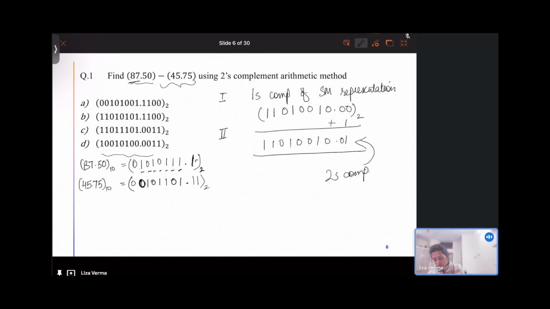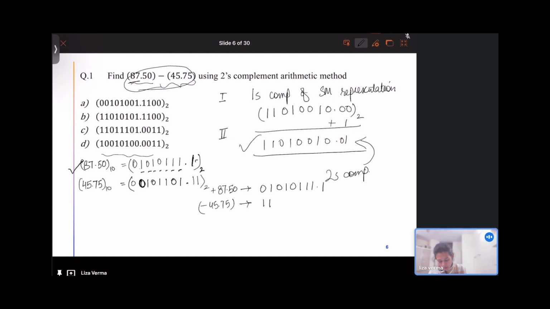Now to get this operation done, what we need to do is add this and the 2's complement representation of this negative number. So let's do that. 0, 1, 0, 1, 0, 1, 1, 1.1. This is 87.50, and this is minus 45.75 plus.